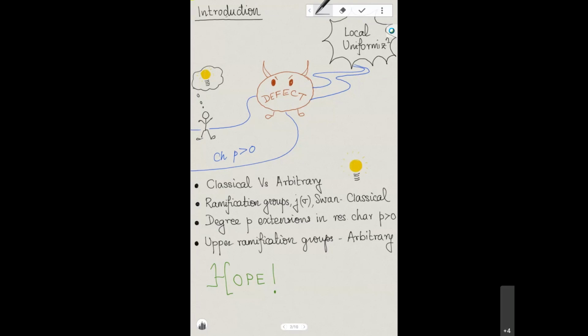The third section is about my results on degree P extensions of arbitrary valuation rings and positive residue characteristic. And the last part is about upper ramification filtration in the arbitrary case. Now, I have tried to reduce technical details as much as possible. So at some time, it might feel like hand waving a little bit, but I will be around on Zulip after the talk if you want to chat about it.